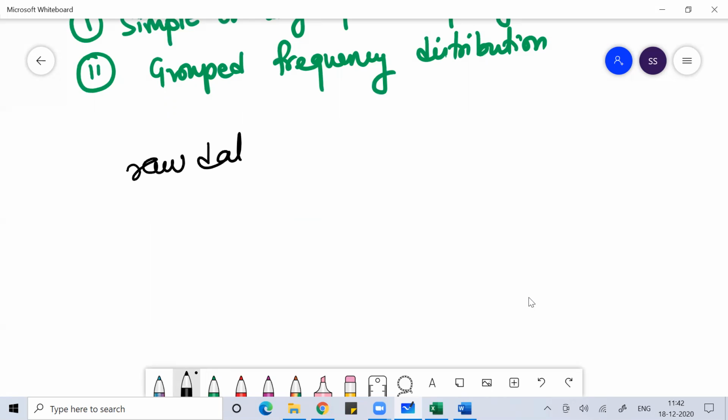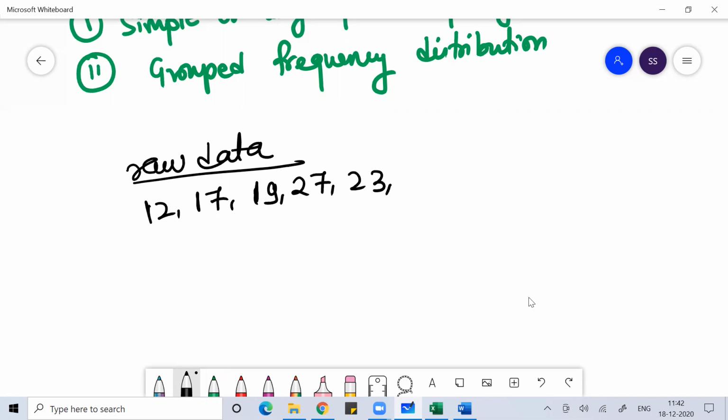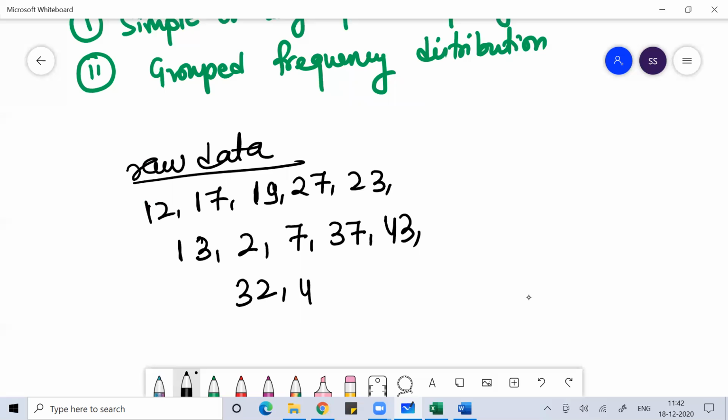Raw data can be something like this: 12, 17, 19, 27, 23, 13, maybe 2, maybe 7, 37, 43, 32, 48, 45, 12.